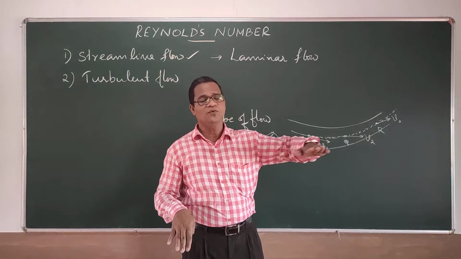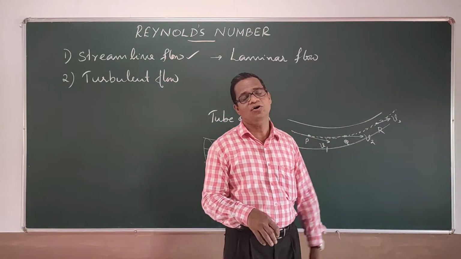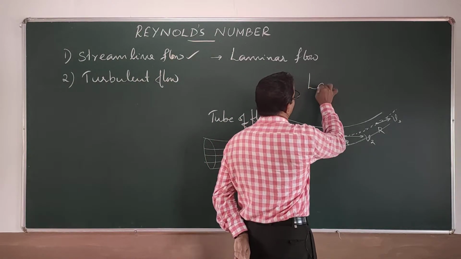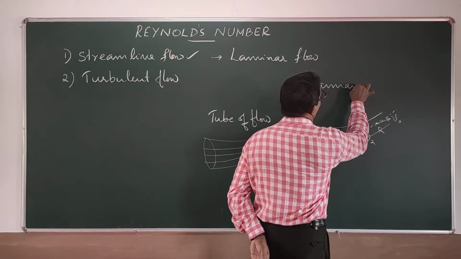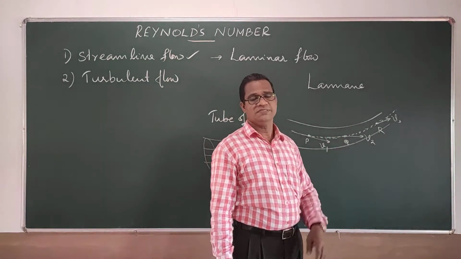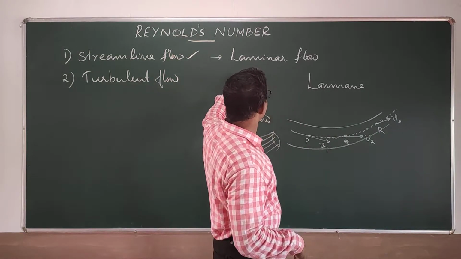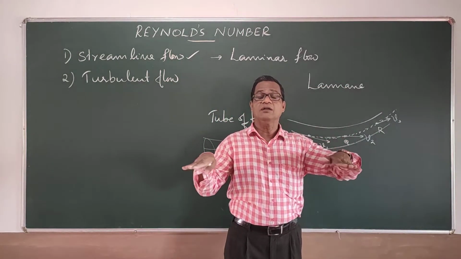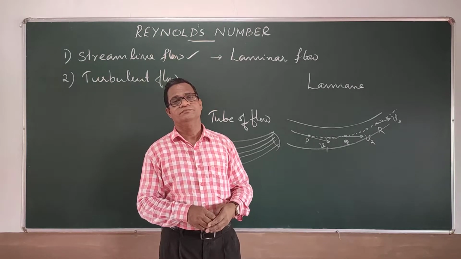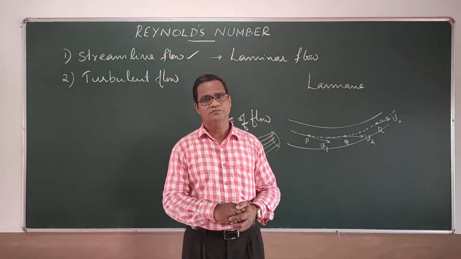This layer-like flow we call laminar flow, and each layer of flow is called a lamina. So laminar flow is also a streamline flow.